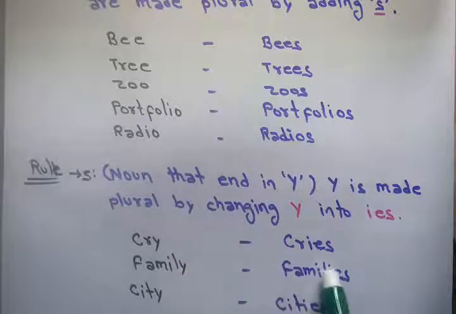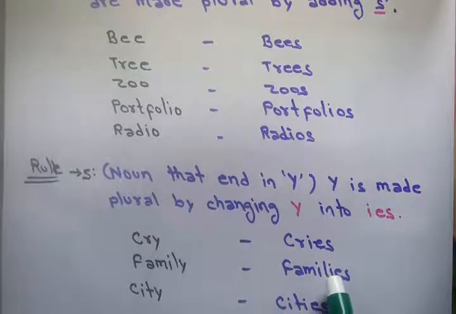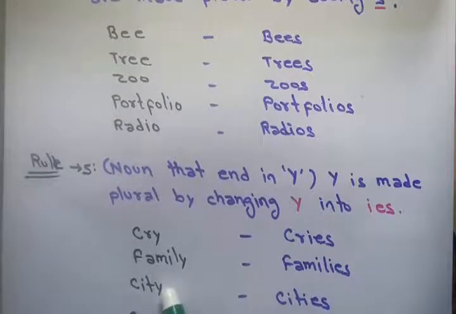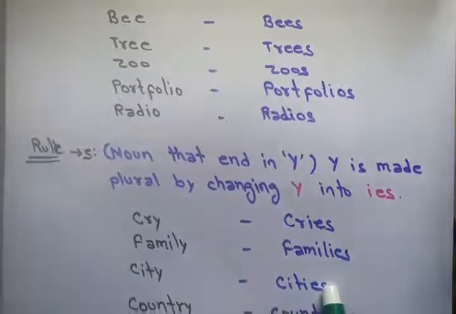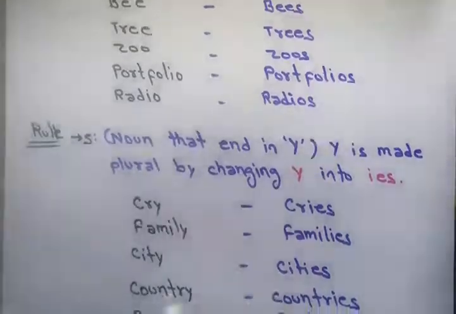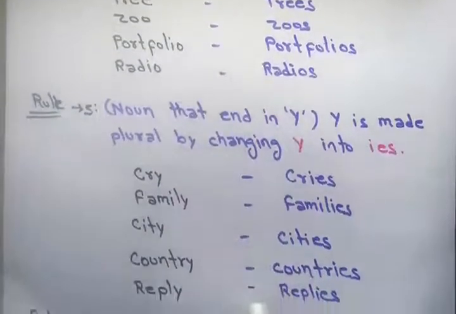Family, families: remove y and use ies. Before y there is a consonant, so we use ies: country, countries; reply, replies.